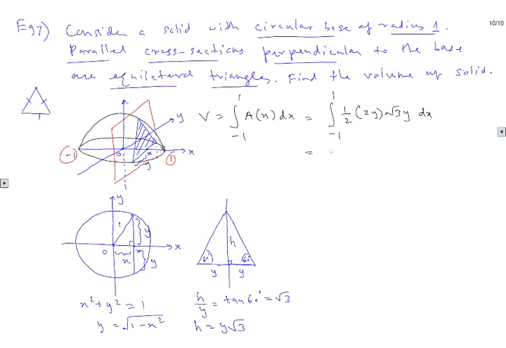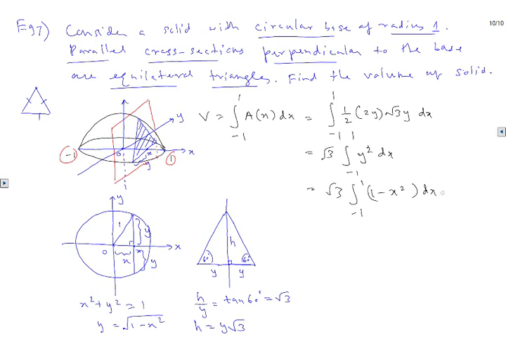Let's simplify: the half gets cancelled, so you get square root 3, and I can take it out. Negative 1 to 1, and we have y squared dx, but we know y squared equals 1 minus x squared. So we can put it there: square root 3 times the integral from negative 1 to 1 of 1 minus x squared dx. The goal of these kinds of problems is to find the area of the typical cross section.